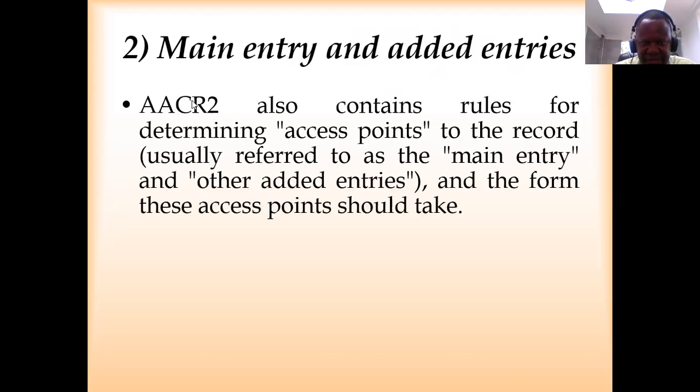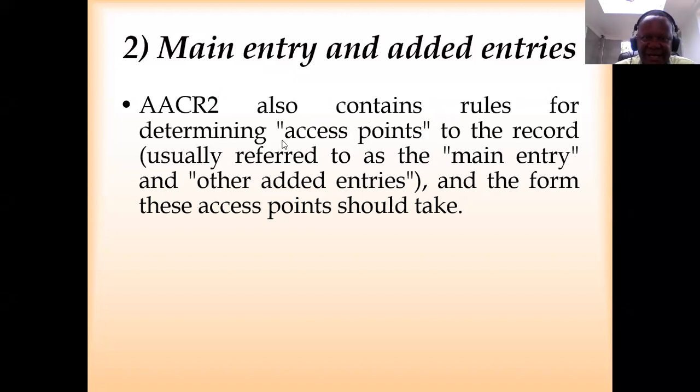The Anglo-American cataloging rules are those rules for determining access points. In other words, how do you determine that a given publication, if it is editorial, goes under title? So when we decide that the main entry is under title, that is the access point.